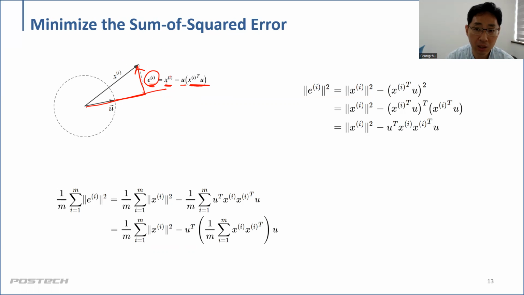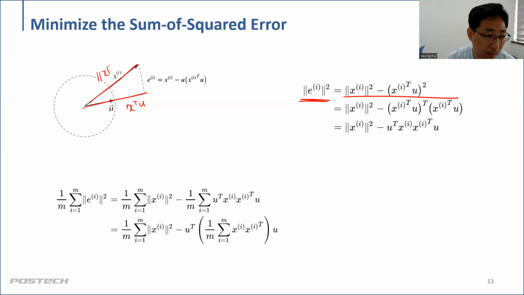Okay, and I want to compute the length of them, or strength or distance. We know that this is 90 degrees, so we can compute that. The length of the projection is x transpose u.